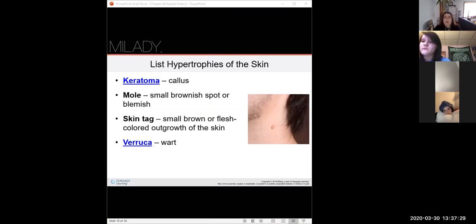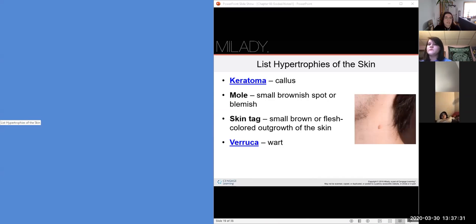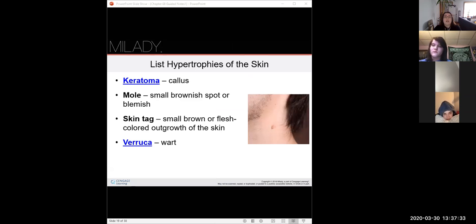Moving on, hypertrophies of the skin. Hypertrophies are abnormal growths, most of which are benign. Benign is fine. So we have a keratoma, which is a callus, okay, fancy word for callus, which we talked about are caused by pressure. We talked about that last week. A mole is a small brown spot or blemish.